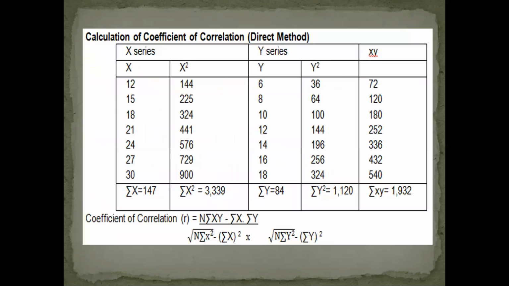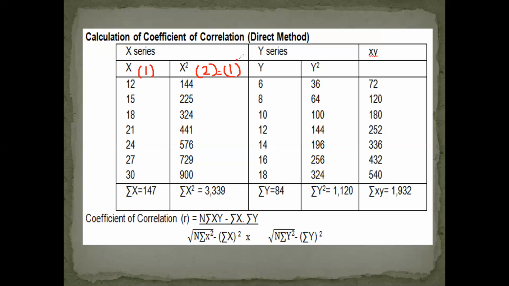Now we can see the same question. These are the x variables. In the first column, you can see that the x variables are given as 12, 15, 18, 21, 24, 27, 30. Then the second column is the square of the first column.